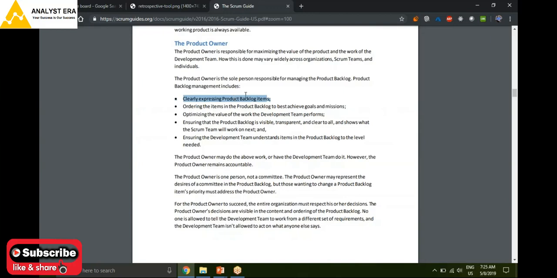He went to the board and created a couple of backlog items, and I said that the PO would be working on it. So you can clearly see here where he expresses the backlog items. That is one of his responsibilities. Ordering the items of the backlog to best achieve goals and missions. All of that are your PO's responsibilities. He needs to go ahead and satisfy all these things.